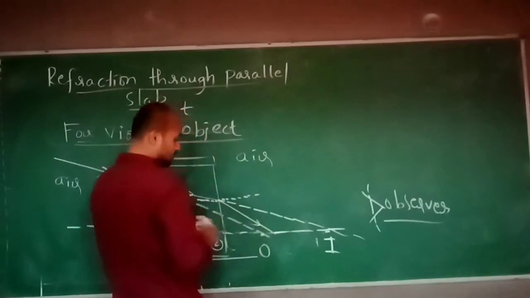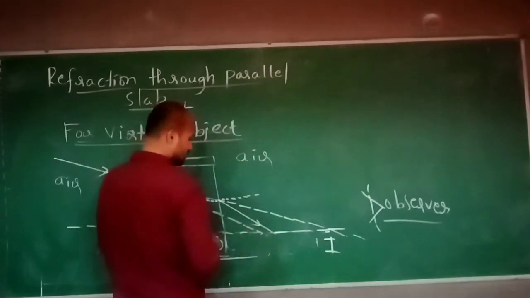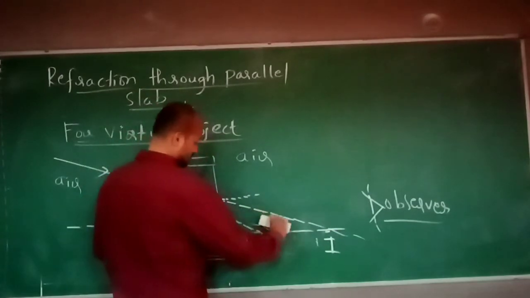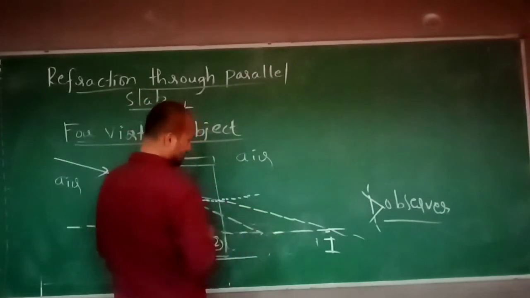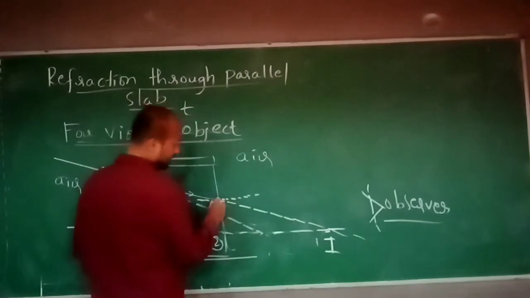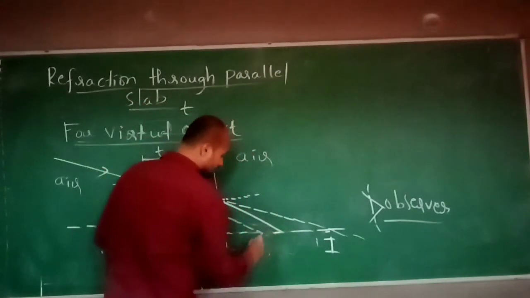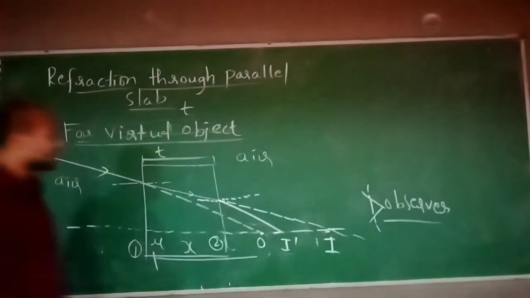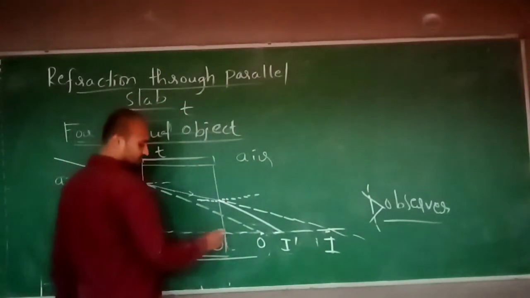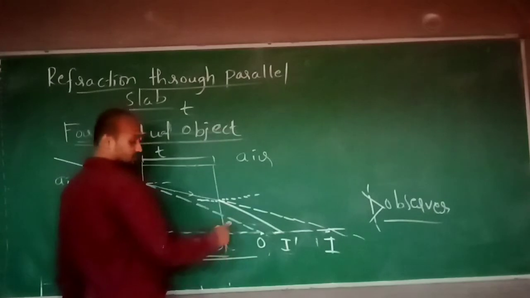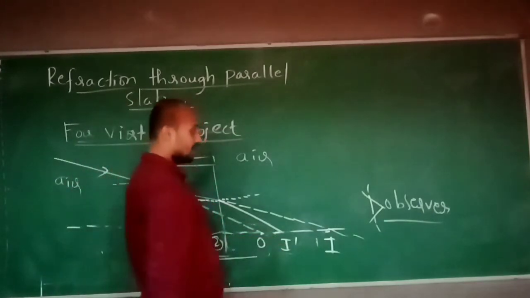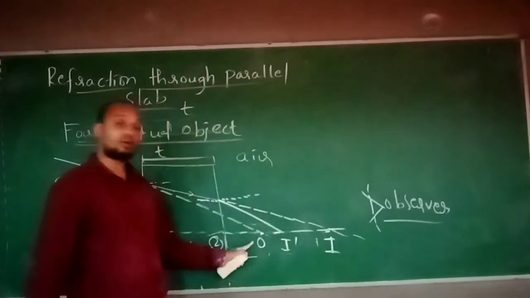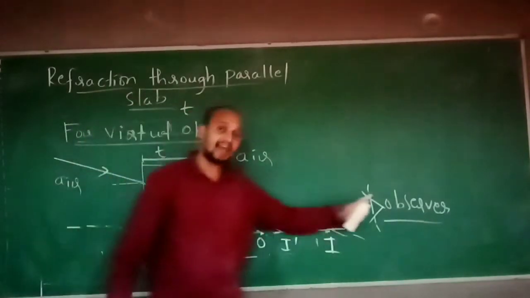Now, one thing you observe, let me take it like this. This is O, this is I. After refraction through the second surface, I dash. So for this observer, this virtual object was supposed to form here in his eyes.